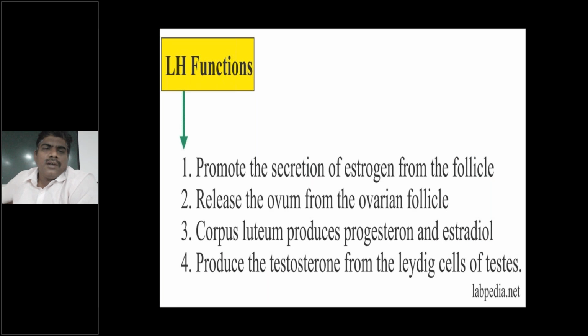Luteinizing hormone promotes the secretion of estrogen from the follicles and releases the ovum from the ovarian follicles. The corpus luteum produces progesterone and estradiol, and testosterone is produced from the Leydig cells of the testes. So this is the role played by the luteinizing hormone.